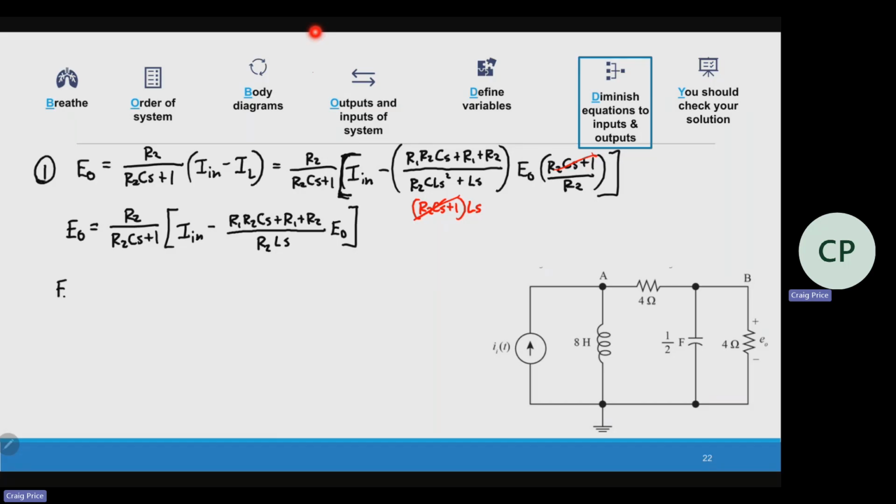This is going to be E out times 1 plus R1, R2 CS plus R1 plus R2, all over, let's see, the R2s cancel out, R2 CS plus 1 times LS. That's my E out side, and then on this side I've got R2 over R2 CS plus 1 times IN.